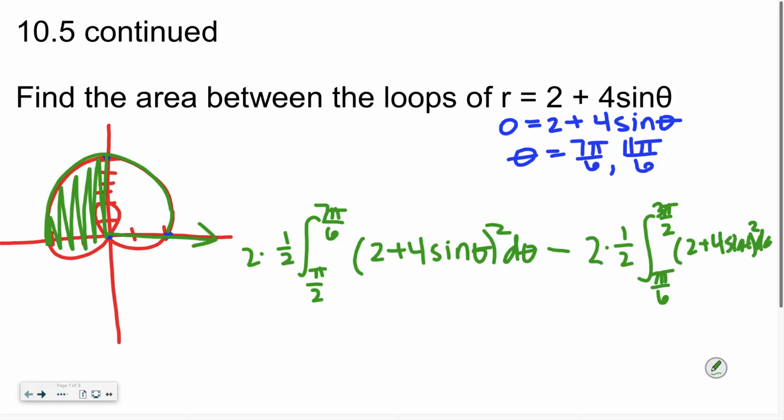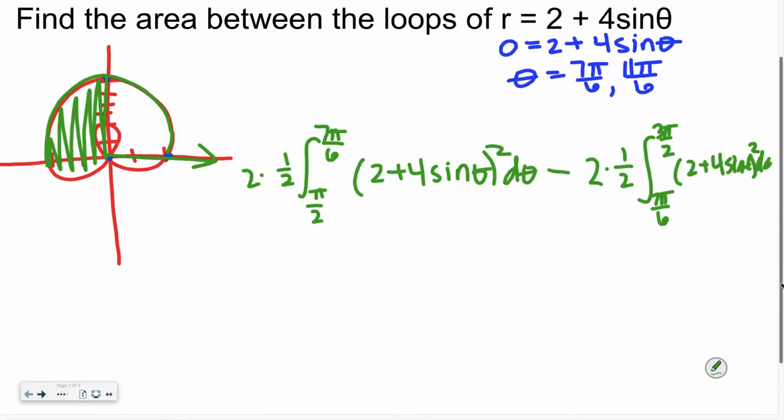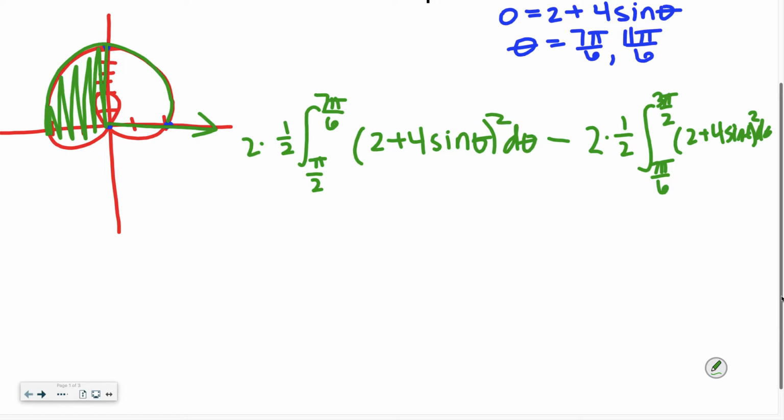All right, so this is what I want you to do. Is the antiderivative for this the same as the antiderivative for this? I'm going to give you 3 minutes to work together with your pod to multiply out that binomial and take the antiderivative.